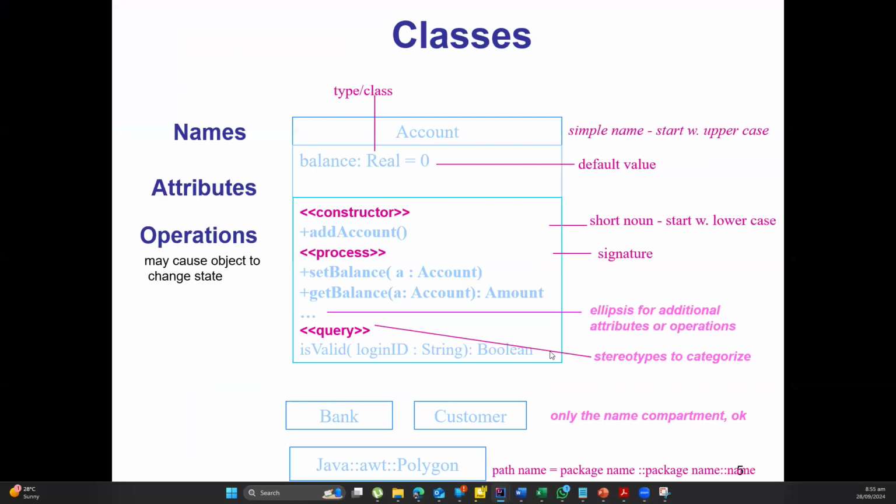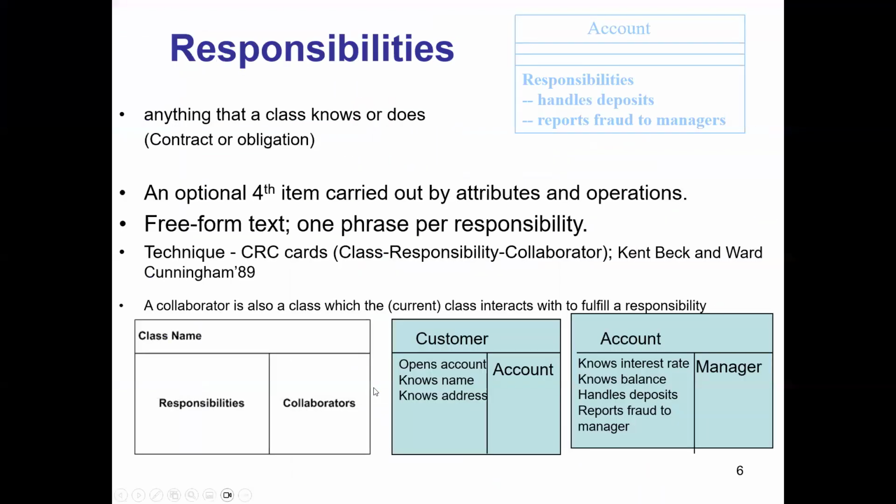So now let's look at responsibility, finally. Classes have responsibility. For example, if I create a class called customer, so here I have a class called customer. I have another class over here called account.